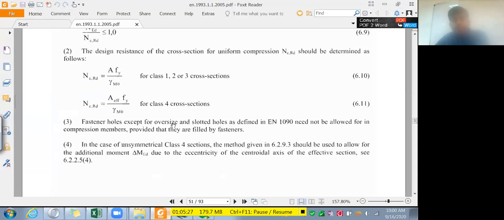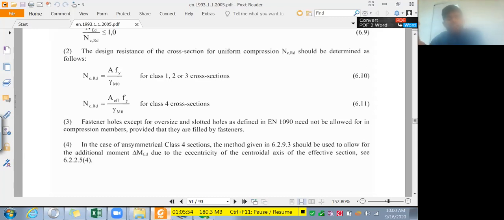Fastener holes except oversized and slotted holes defined in EN 1090 need not be allowed for compression. So if you have a fastener hole and the fastener hole is filled, then you don't need to worry about the area reduction for the fastener holes when it comes to compression members.